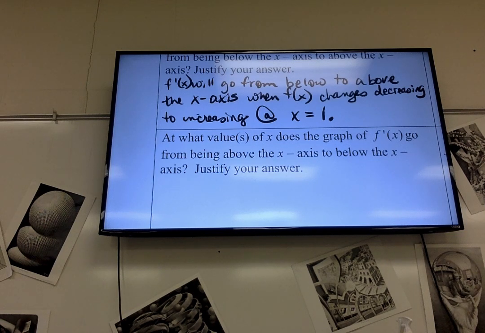At what value or values of x does the graph of f prime of x go from being above to below? There's more than 5. Negative 4.